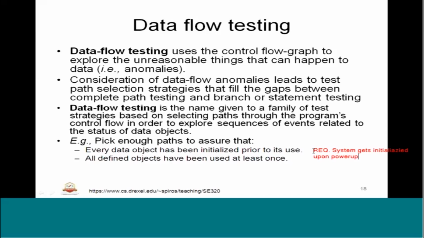So all the variables and the data that are part of the init function will get initialized. How do we check this? With the help of data flow, we verify whether that initialization is done for each of the intended data. It could be a variable or anything.